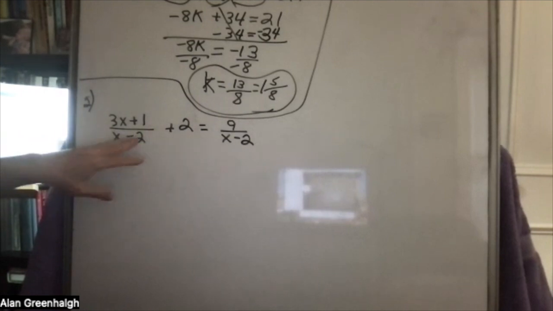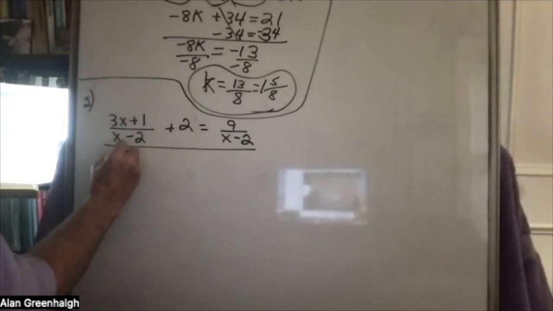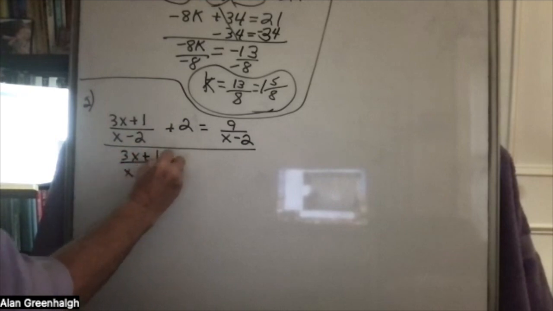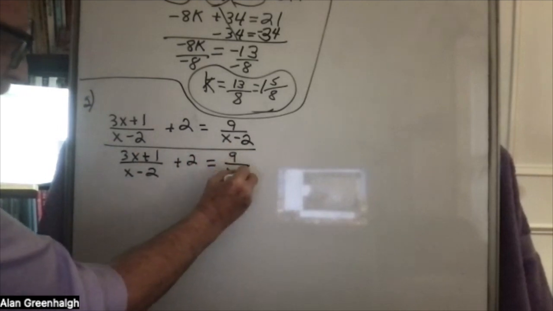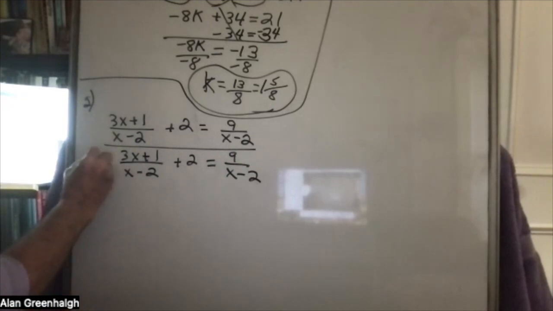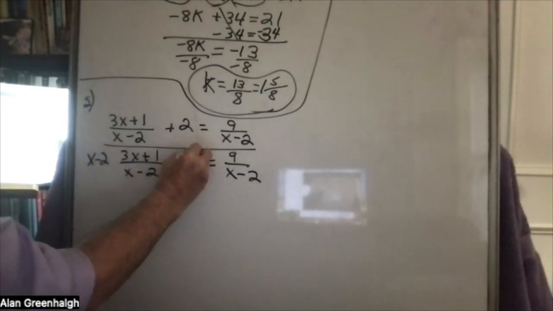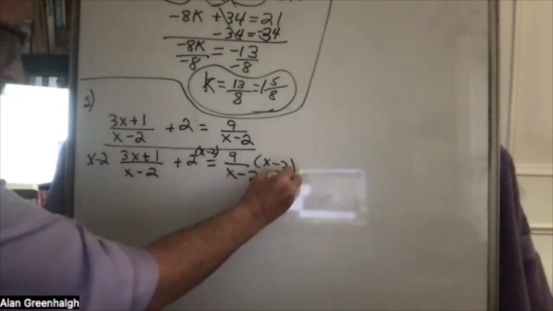And this is a different type of problem. But the way we go about solving it is almost exactly the same as what we've been doing all along. We're still attempting to get rid of the denominators. And therefore, we do look for the least common multiple, which will be x minus 2.